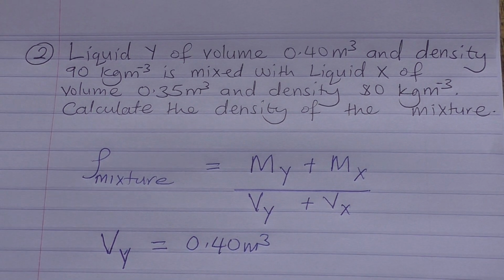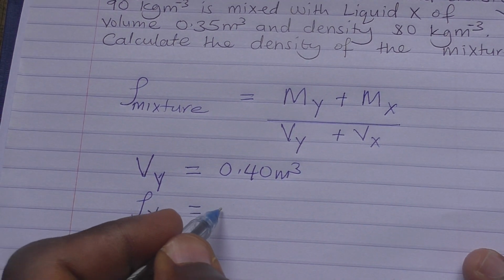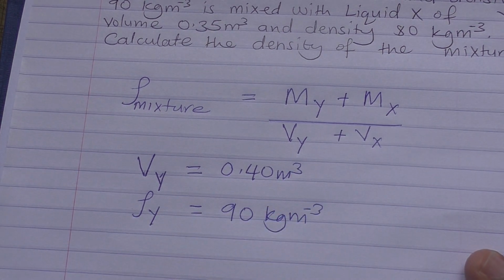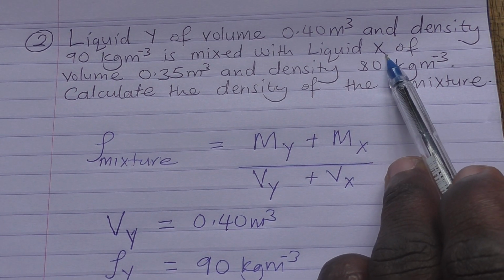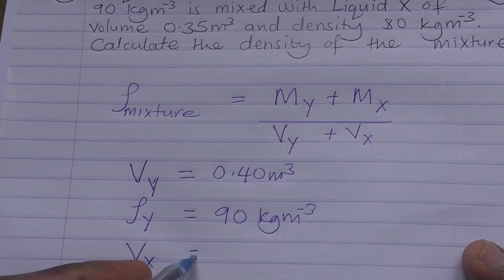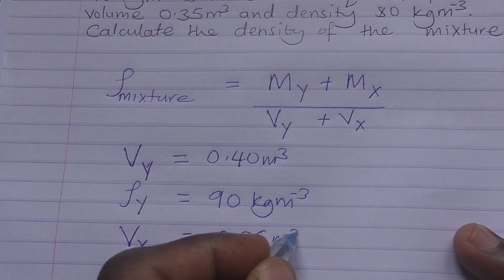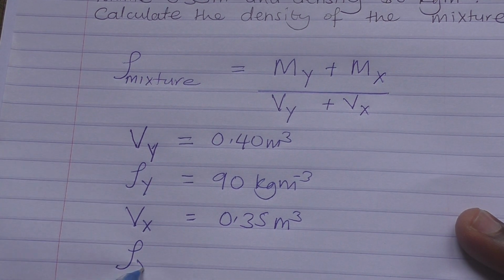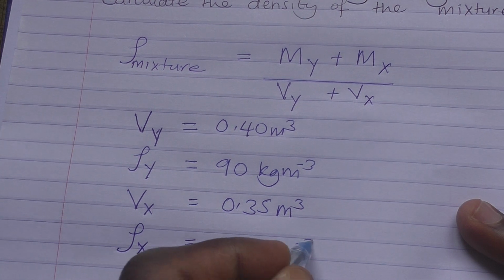Then we have the density of Y, which is 90 kilograms per cubic meter. Then we are also given liquid X, whose volume is, so this is volume of X, given as 0.35 cubic meters. And then we have the density of X as 80 kilograms per cubic meter.